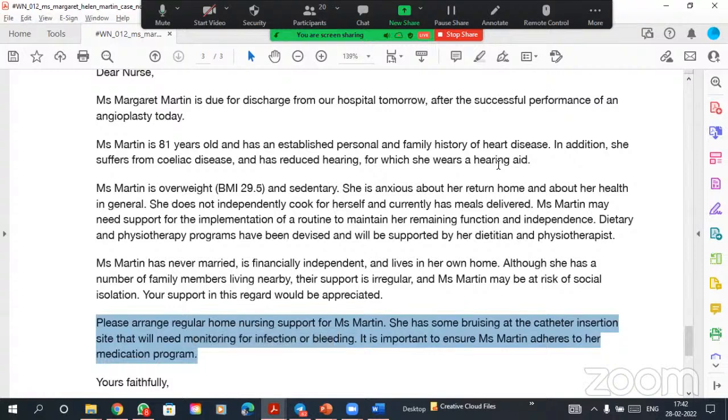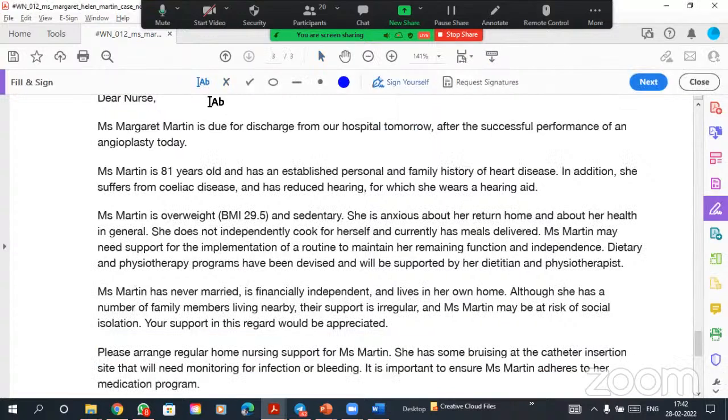So now, what you have to write here is very important. In every letter, you must write 5 paragraphs.